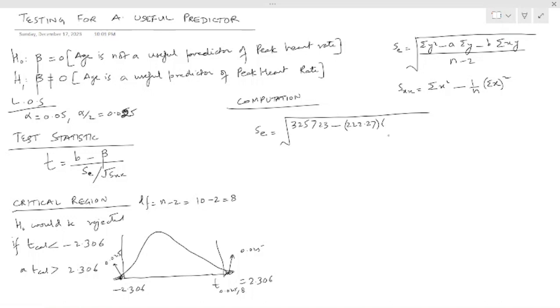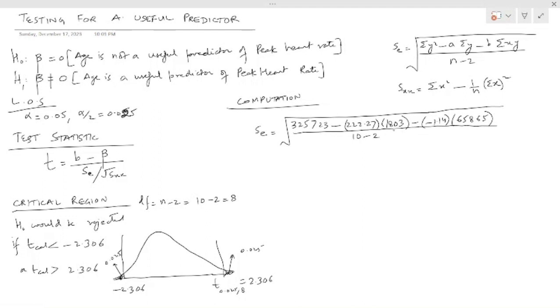We again can get this value from the calculator: the sum of y is 1803, and then minus b, which is the slope, has the value minus 1.14, times the sum of xy, which is 65865, and divide this by 10 minus 2, that's 8.